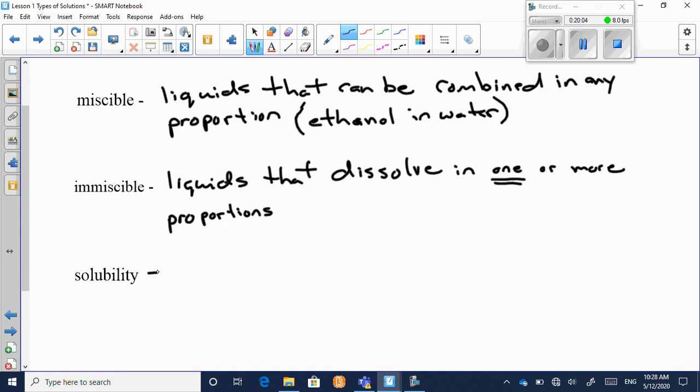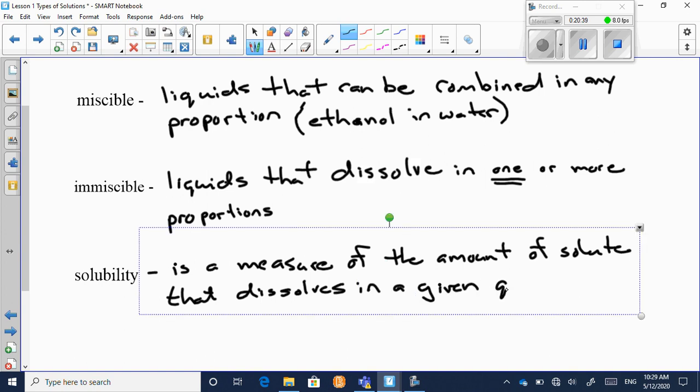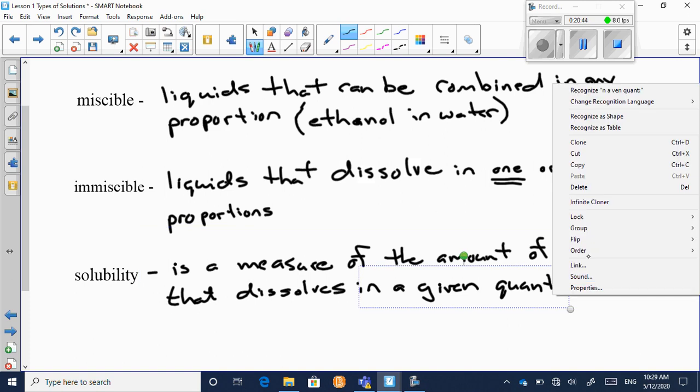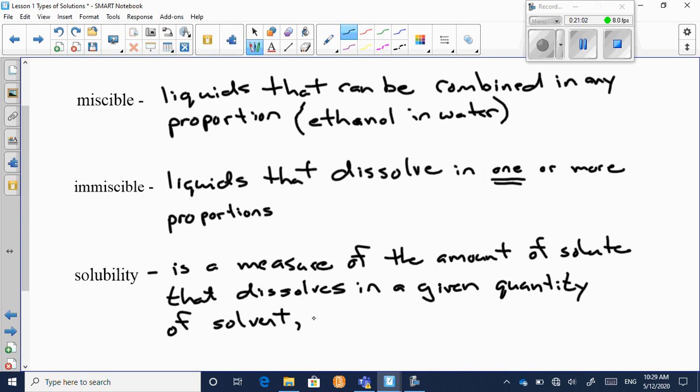Okay, the term solubility. Solubility is a measure of the amount of solute that dissolves in a given quantity of solvent at a certain temperature.